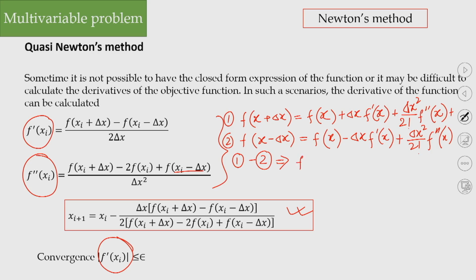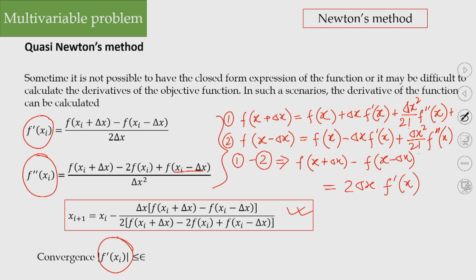What will I get? On the left, f of x plus delta x minus f of x minus delta x. The f of x terms cancel out, and the second term becomes positive, so it equals twice delta x times f dash x.